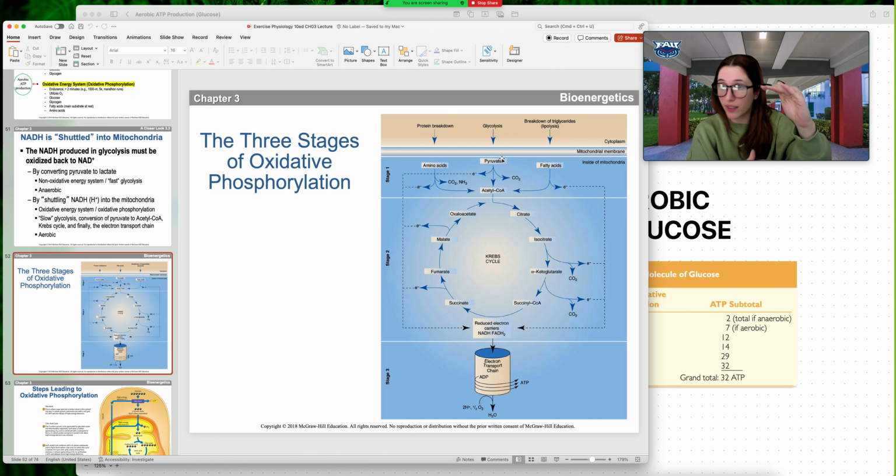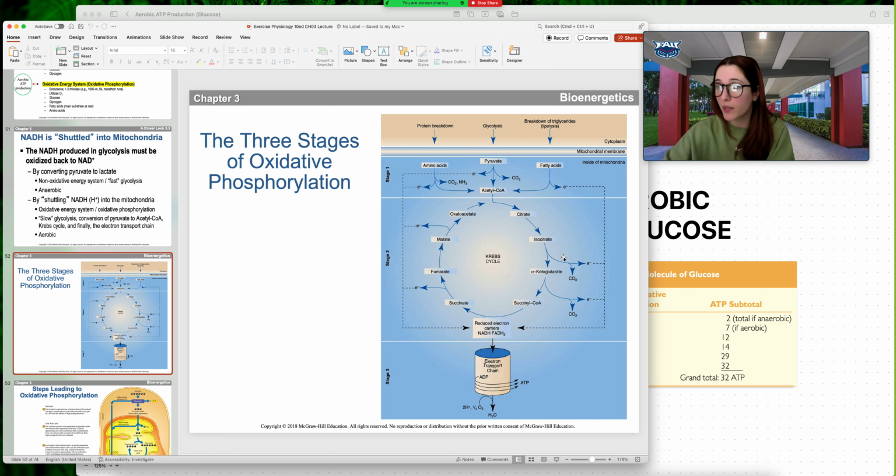First, we need to break that glucose down into 2 molecules of pyruvate. Then those pyruvates can get converted into acetyl-CoA. And then once they're converted into acetyl-CoA, they can go through the Krebs cycle, and we're going to start producing things that are going to lead to ATP being produced aerobically in the electron transport chain at the last step.